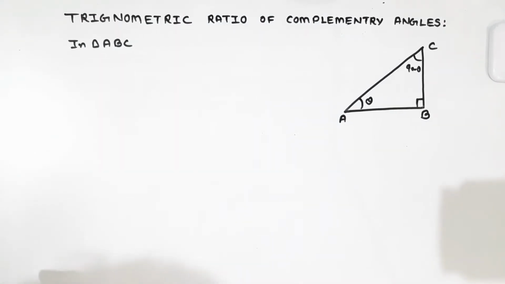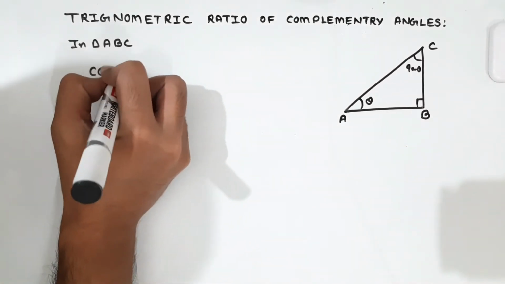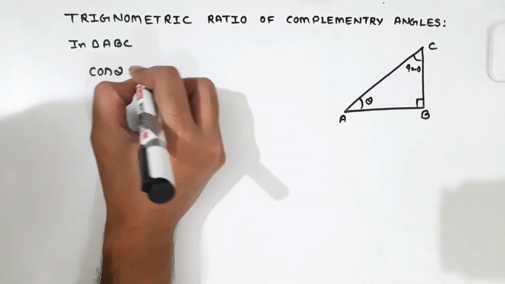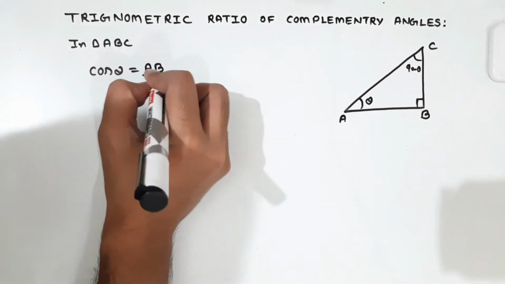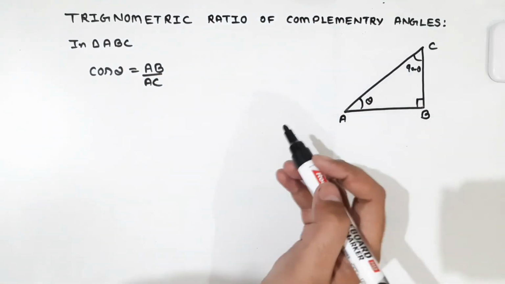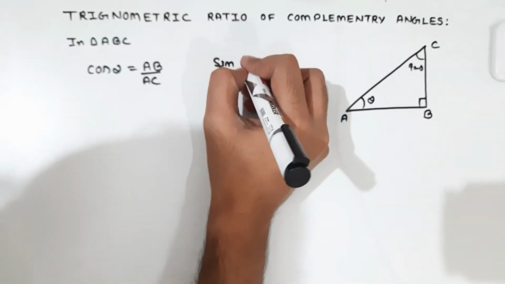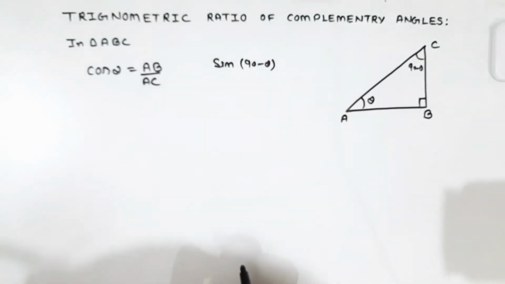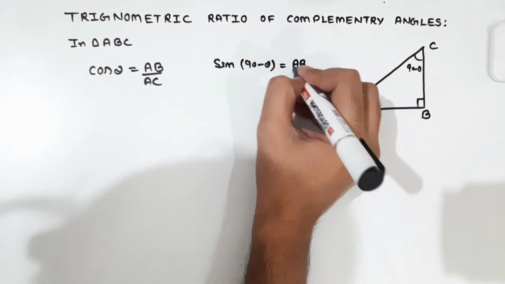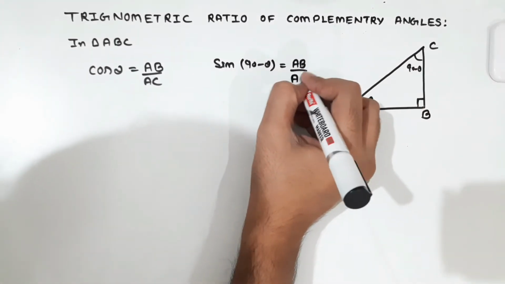Now cos of angle theta will be equals to base, that is AB, upon hypotenuse, that is AC. Now with respect to angle C, sine of angle 90 minus theta will be perpendicular, that is AB, upon hypotenuse, that is AC.